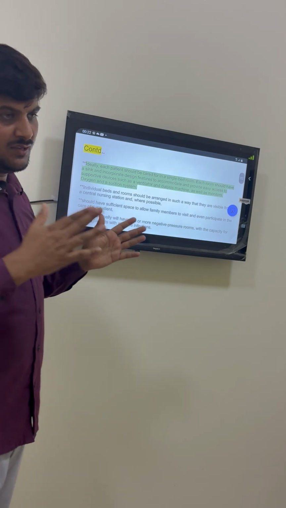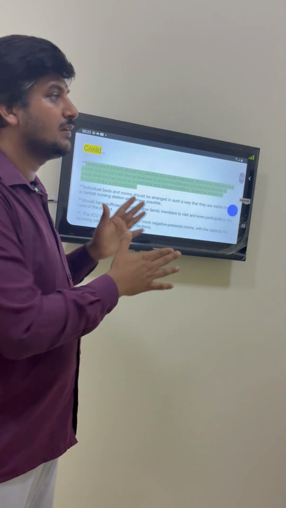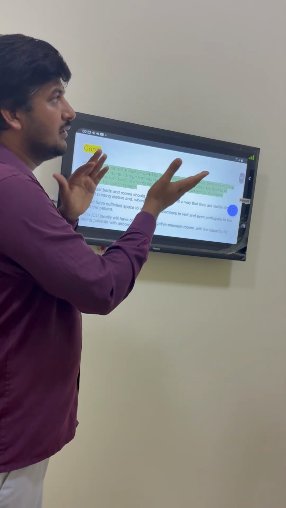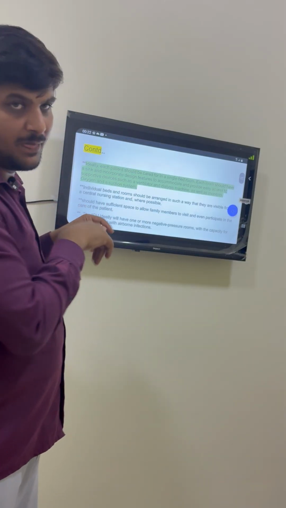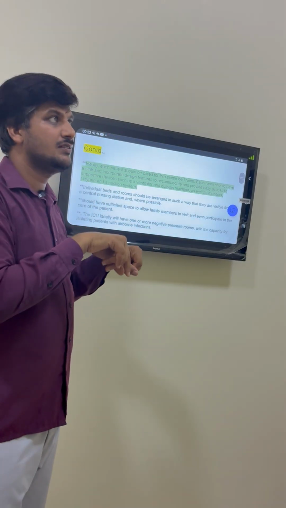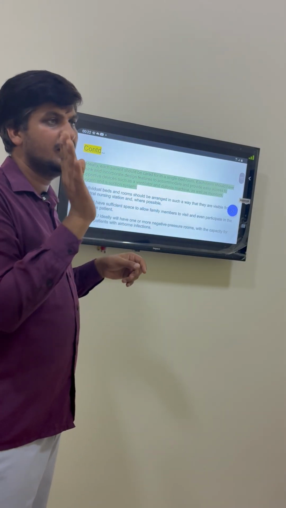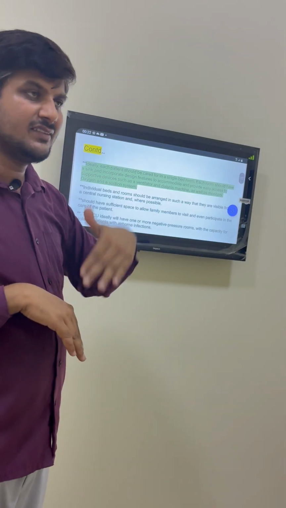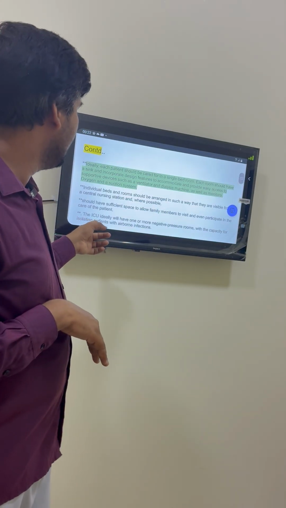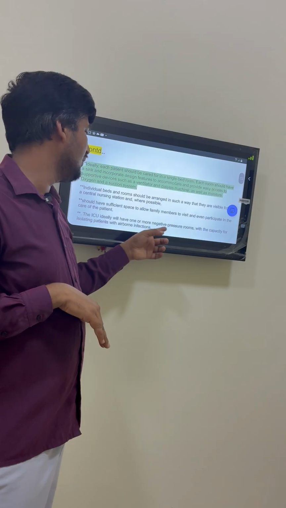Usually the ICUs will have a window on the side or back, with tightened glass windows. With that, the patient's relatives can see the patient like this. The ICU ideally will have one or more negative pressure rooms.